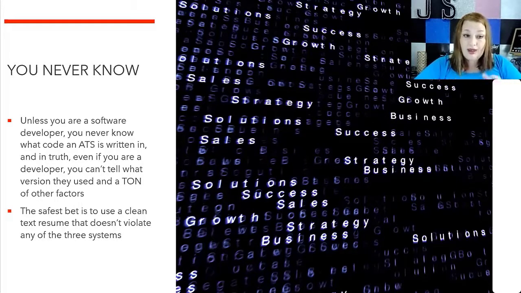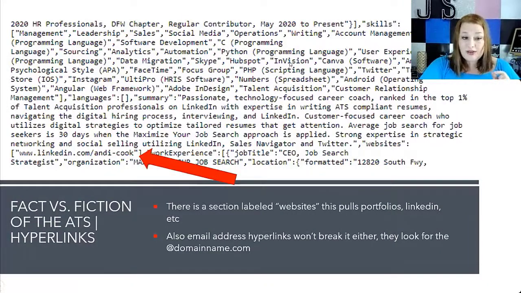Tables trigger an error in JSON code. They can work with XML, not well, but they can work. And of course they can work with Excel parsing, but they don't always do well. So I think it's just important to keep it clean, use text-driven resumes that don't violate any of the three systems.